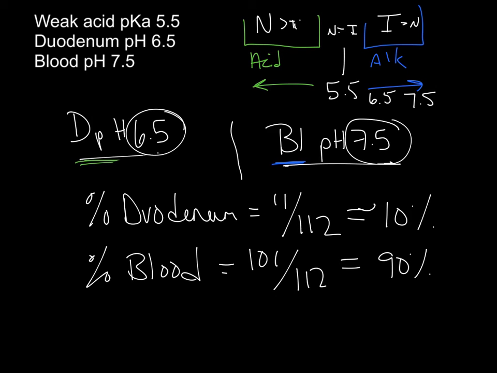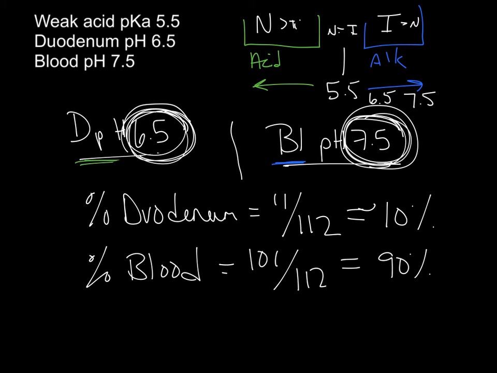Now, does that follow our basic rules? If we now are saying, relatively speaking, the duodenum is more acidic and the plasma is more alkaline, just relative to each other. They're both more alkaline than the pK of this drug, but what we know is that at this 6.5 pH it is going to be more ionized than non-ionized, but at the 7.5 pH it's going to be way more ionized.